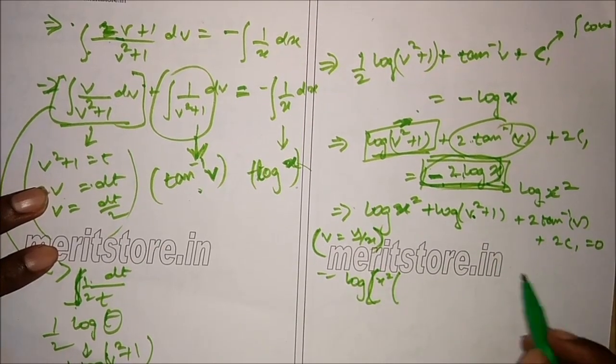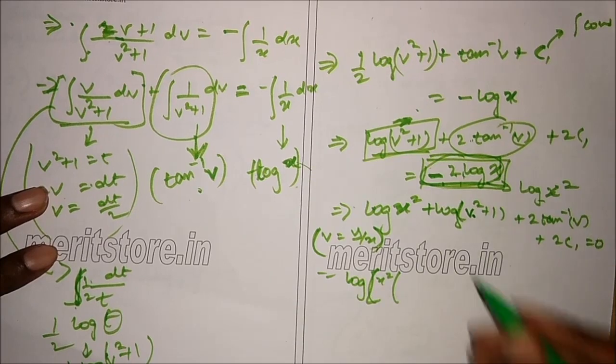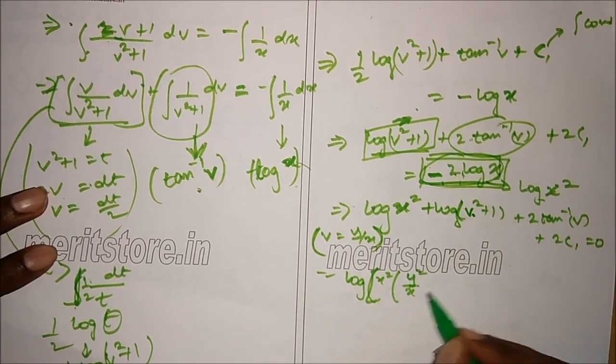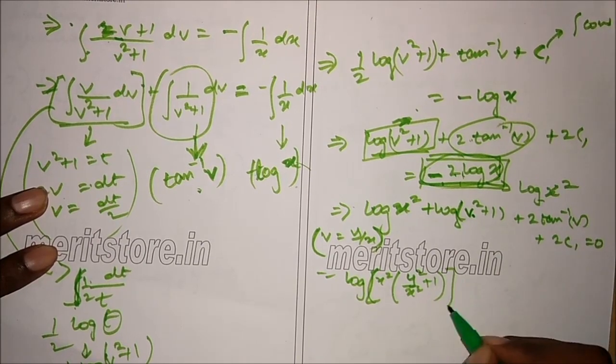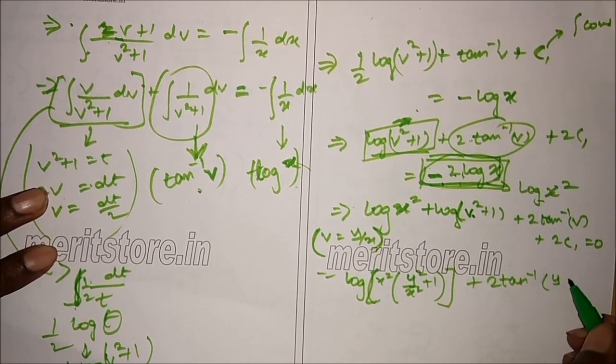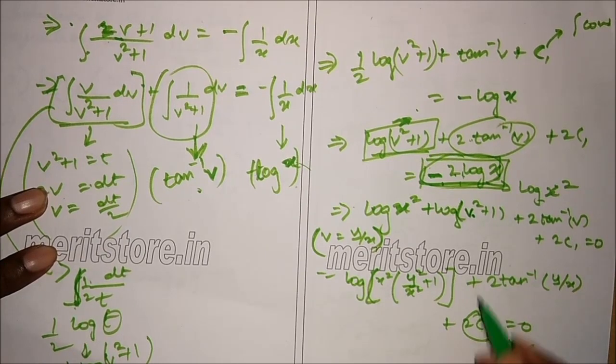We convert everything in terms of y and x. So v will be y by x. So this is y square by x square plus 1 plus, similarly this will be 2 tan inverse of y by x plus 2c1 equals 0. Let this constant be c.